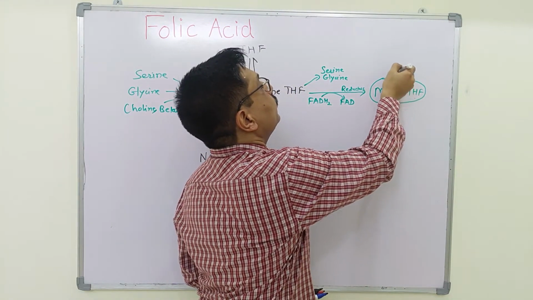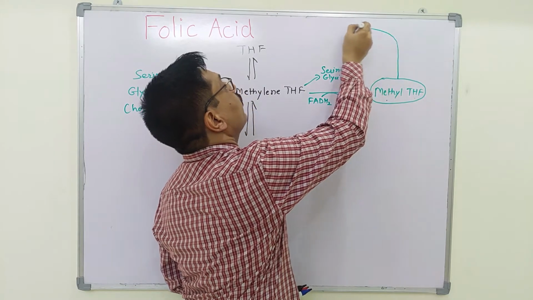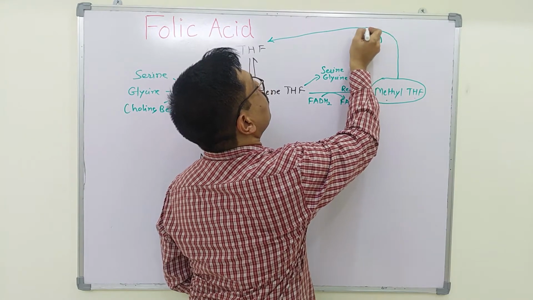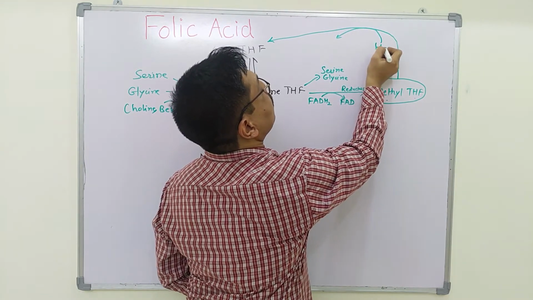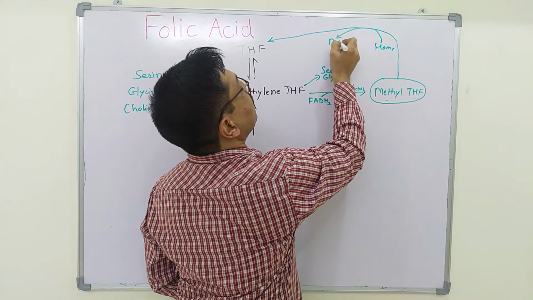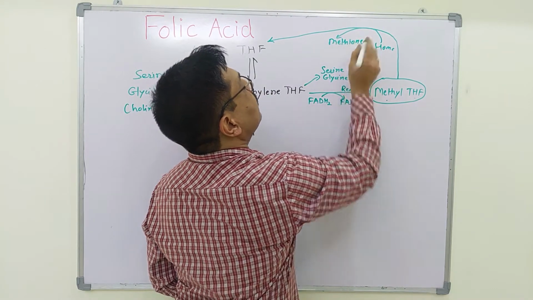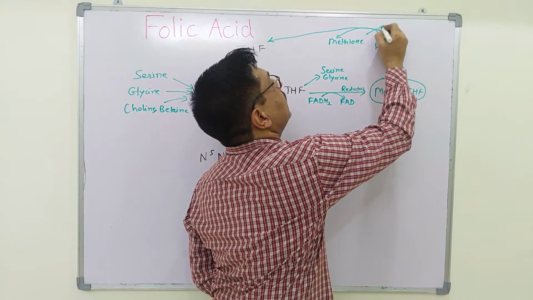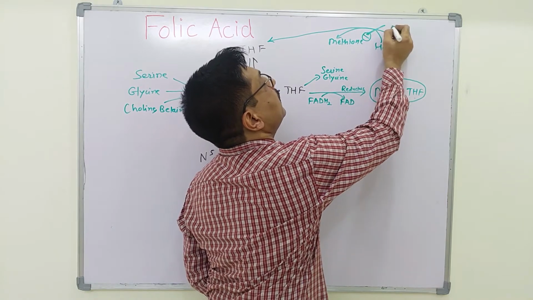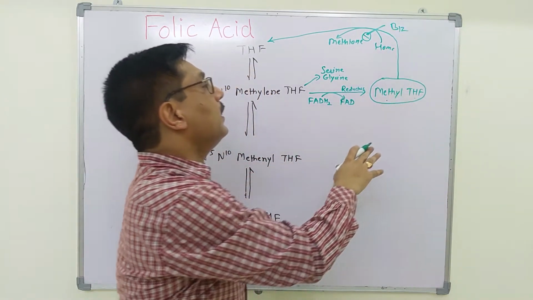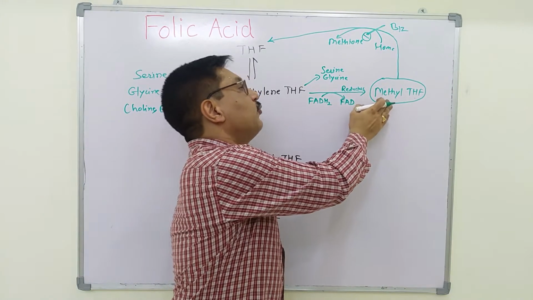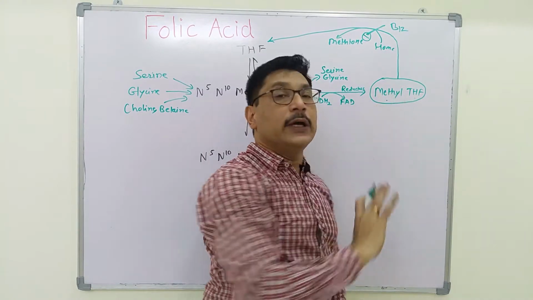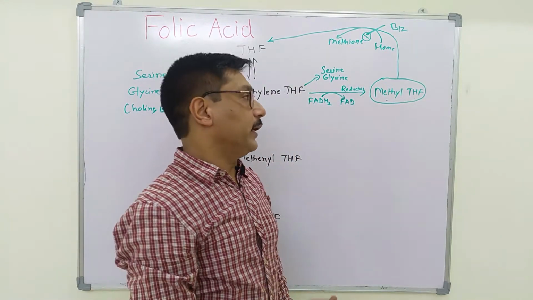The only reaction which can convert this methyl tetrahydrofolate into tetrahydrofolate is conversion of homocysteine to methionine, and this reaction requires methylcobalamin. So this reaction is blocked in vitamin B12 deficiency, and as methyl tetrahydrofolate cannot be converted into tetrahydrofolate, tetrahydrofolate is trapped as methyl tetrahydrofolate.